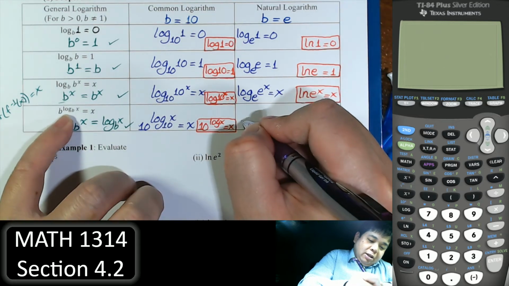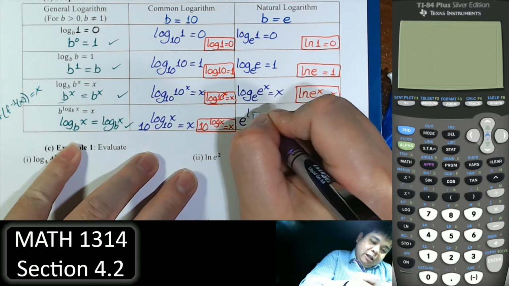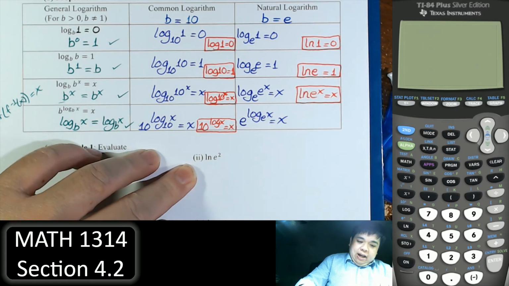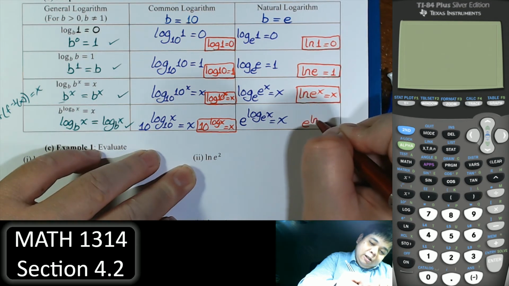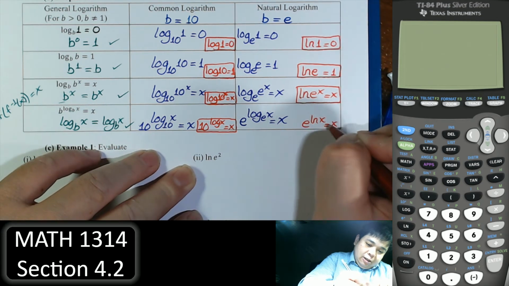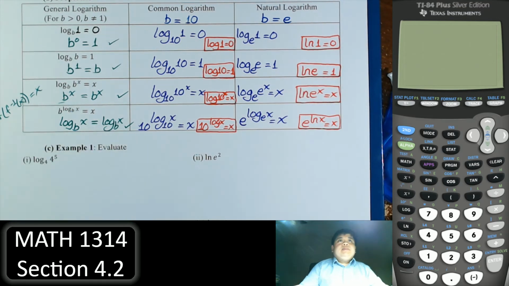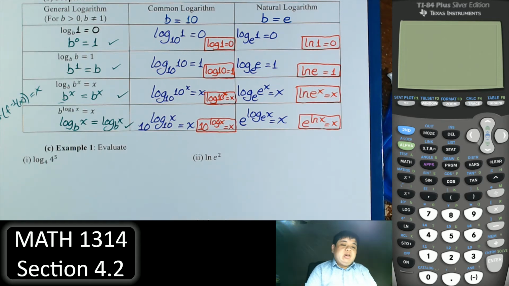And then replace e into b, and then log base e is ln. Right. So those are the common or very general properties of logarithmic functions.